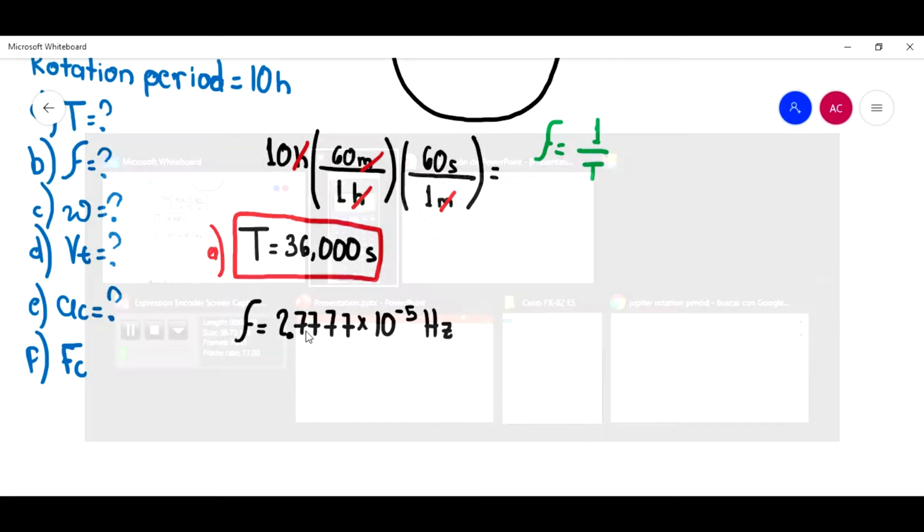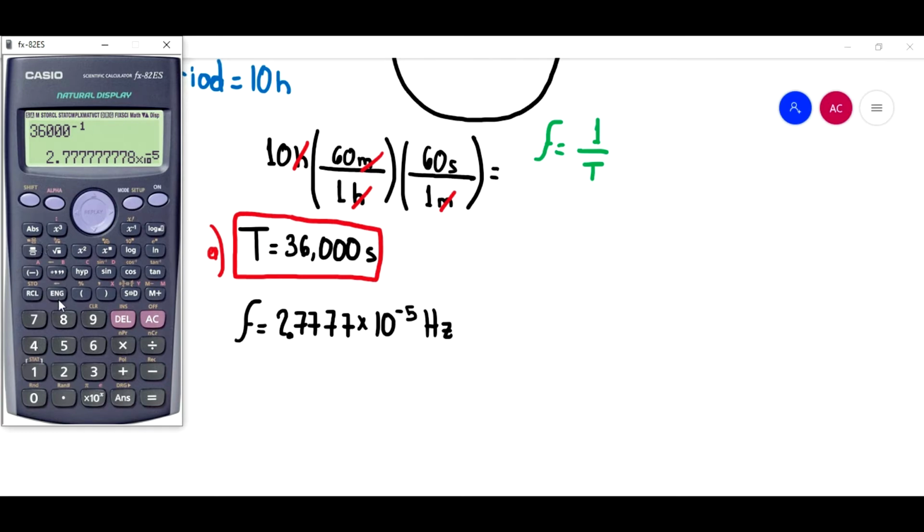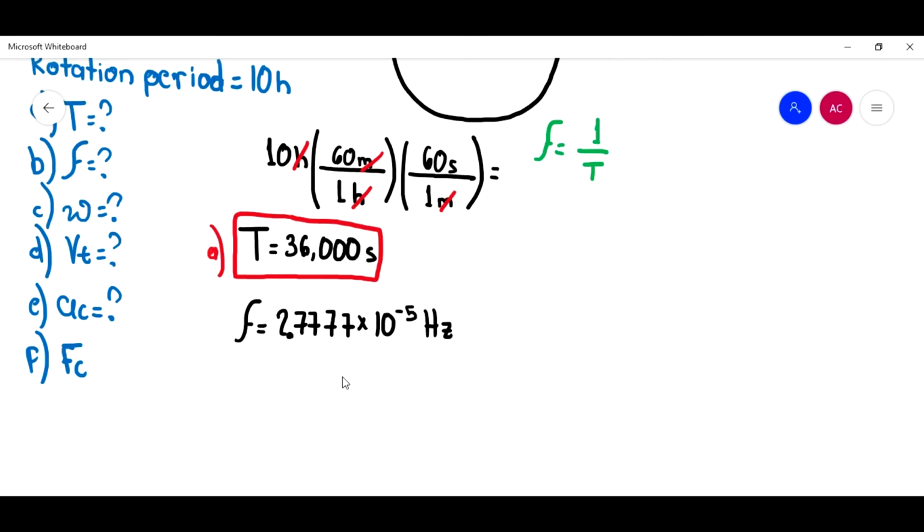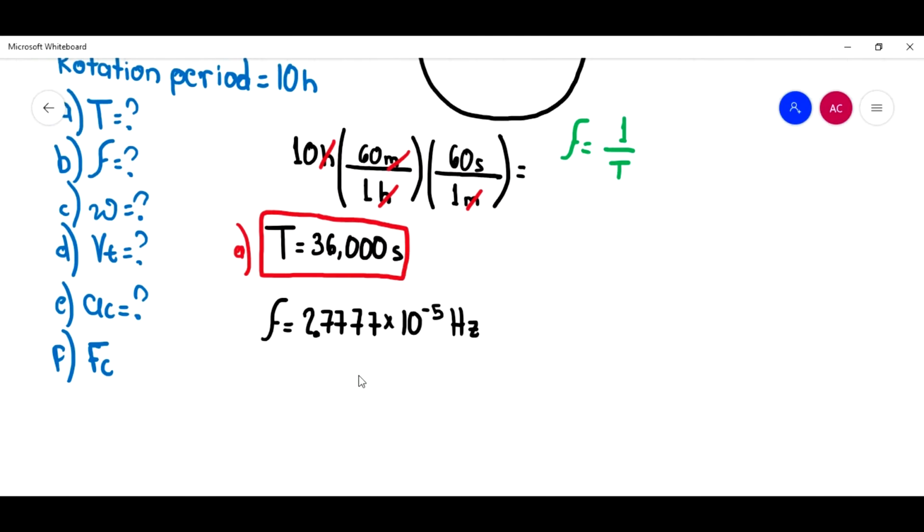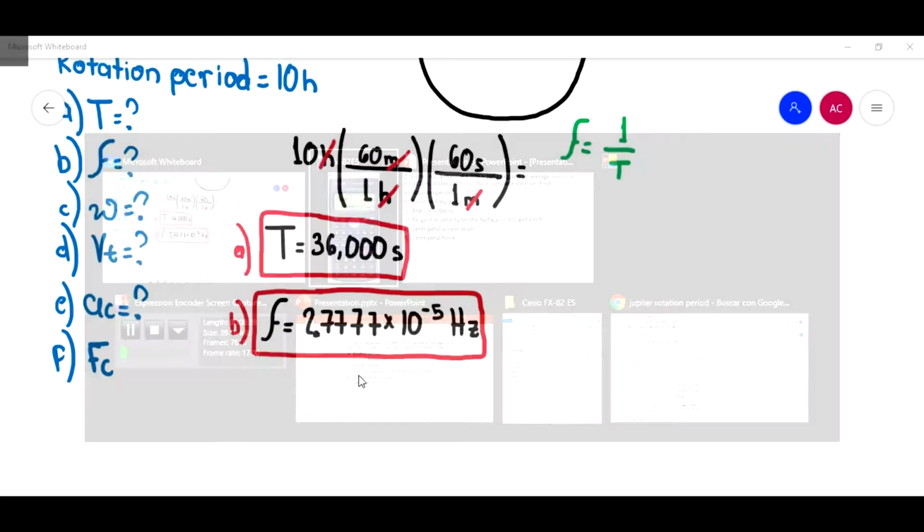If you want to see it as a normal number, not using scientific notation, it's 0.00027 times, or part of the rotation, in 1 second. So that's nothing, guys. I'm going to circle this. That is the frequency of Jupiter, frequency for rotation. That's gonna be letter B.